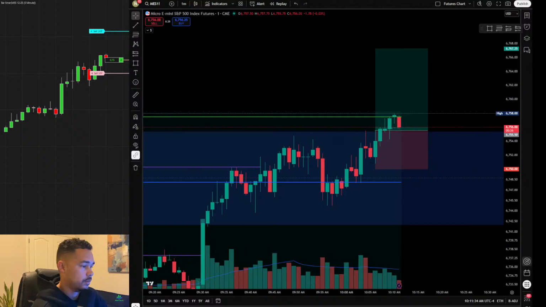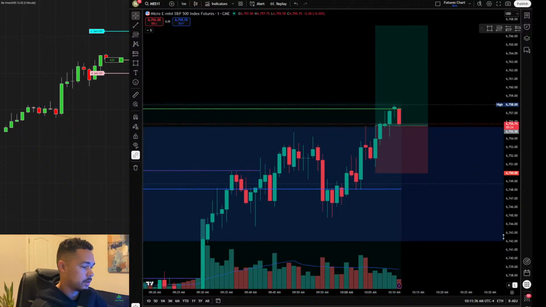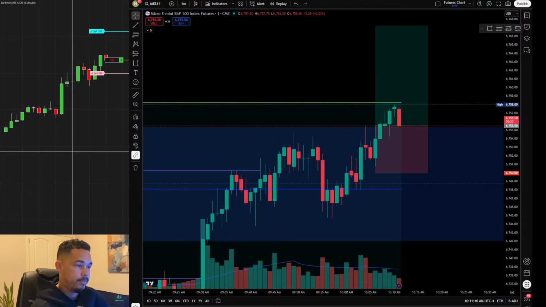The buying volume is shrinking up a little bit, so see what price wants to do. If we can get a nice rejection on this area, then we can continue to proceed bullish.